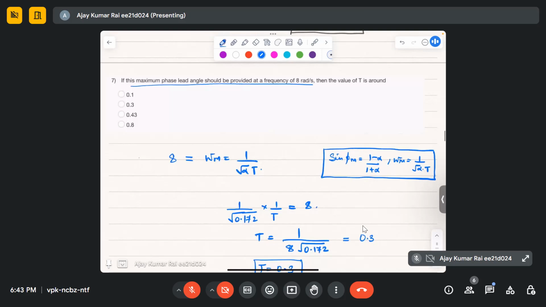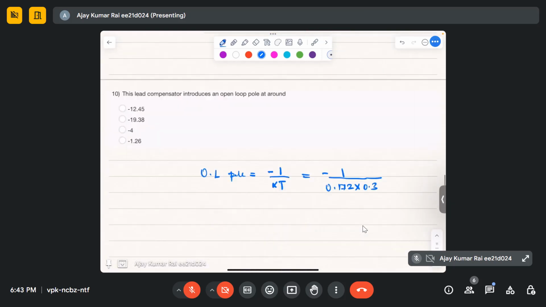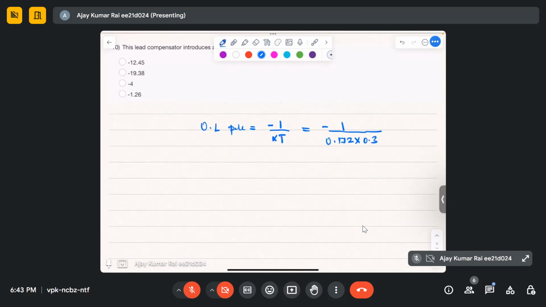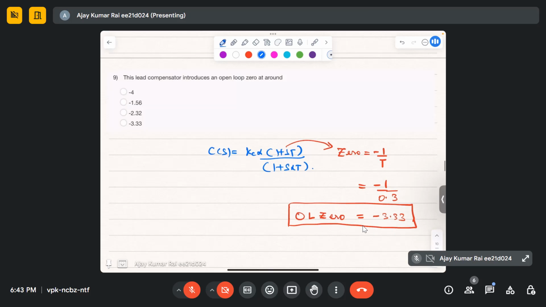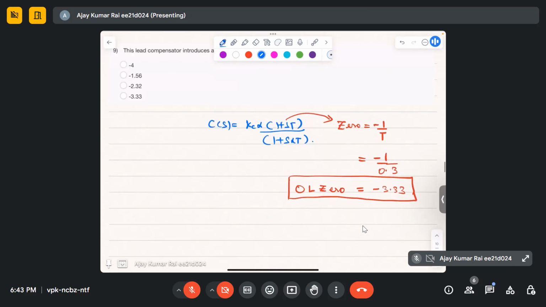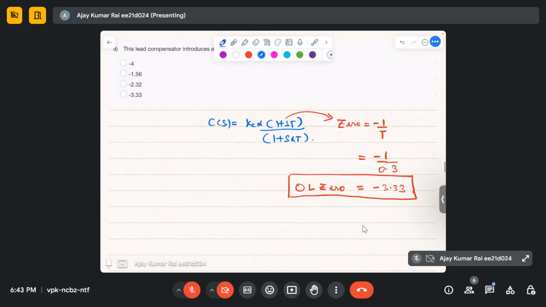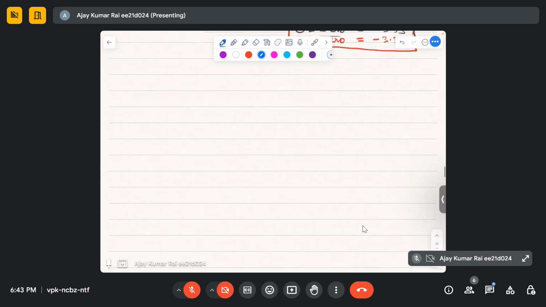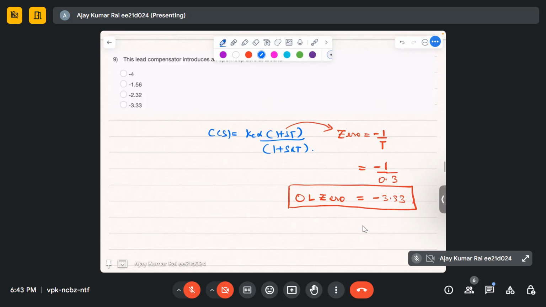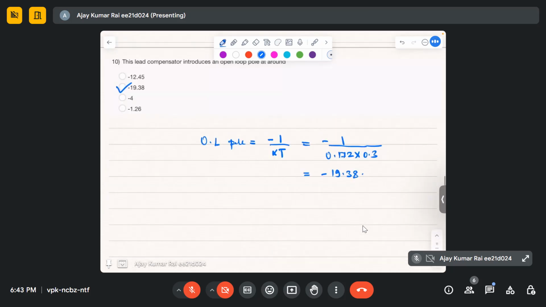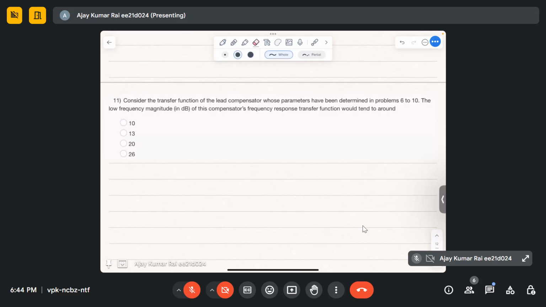T is 0.3 and alpha is 0.172. So what is this value? 19.38. And so minus 19.38. Any doubt in this? It's a very simple question. You know the transfer function, you know the poles and zeros, and we have calculated the alpha and T values and also the Kc value.